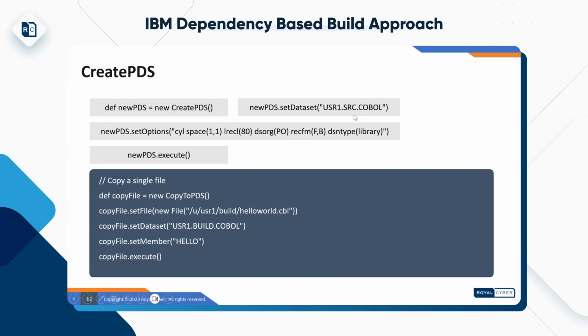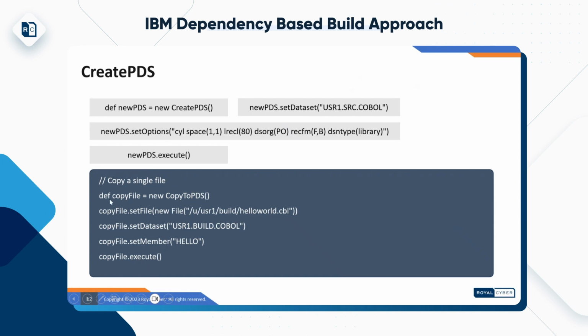To set values on this instance, your dataset name is assigned with setDataset, and dataset attributes are assigned through setOptions. And to create the dataset, you invoke a method called execute. So newPDS.execute eventually creates your new dataset as per these attributes and the name given here. So like this, your classes come with various properties and methods, and you have a get method and a set method to set something or get some values from your class. So this is for creating a PDS.